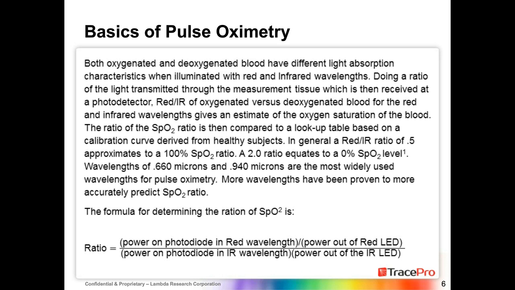There are more wavelengths that can be used, and in fact they are used to create some stability in these plot points. But in terms of a formula, this ratio is the power on the photodiode in the red wavelength divided by the power out of the red LED, divided by the power on the photodiode in the IR wavelength, divided by the power out of the IR LED.